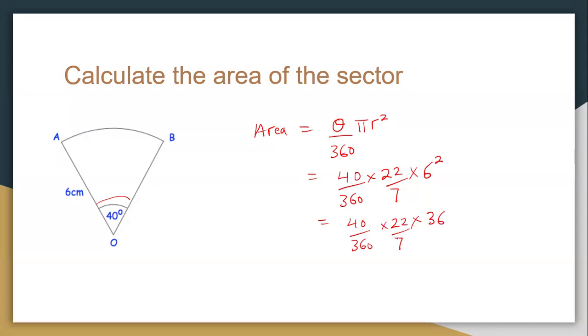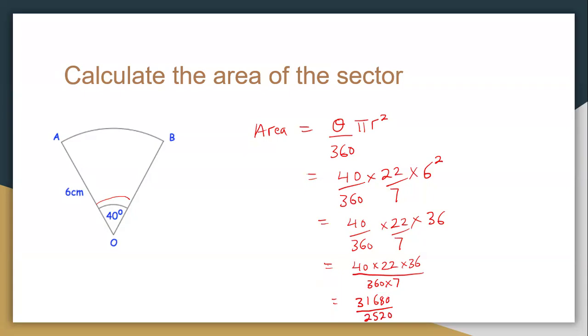Then when you reach here, you start reducing in any way you feel. Or alternatively, you can first multiply all the numbers in the numerator and divide by what you have in the denominator. So someone can say 40 times 22 times 36 divided by 360 times 7. You use your calculator: 40 times 22 times 36 gives 31680, divided by 360 times 7, which gives 2520.